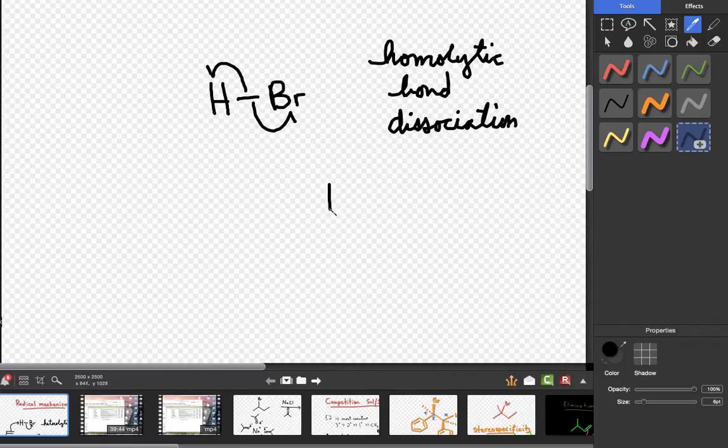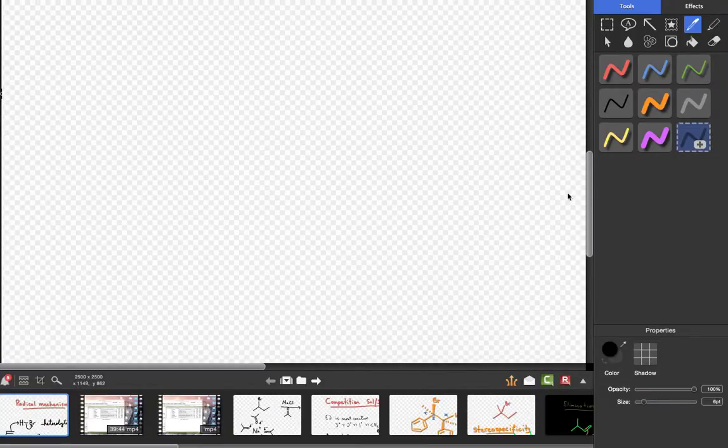This will produce two radicals. In this case, an H radical and a Br radical, both of which are very reactive and will seek to make bonds with new electrophiles. Before we get into actual formal mechanisms, I'd like to go through the patterns of radical electron pushing.